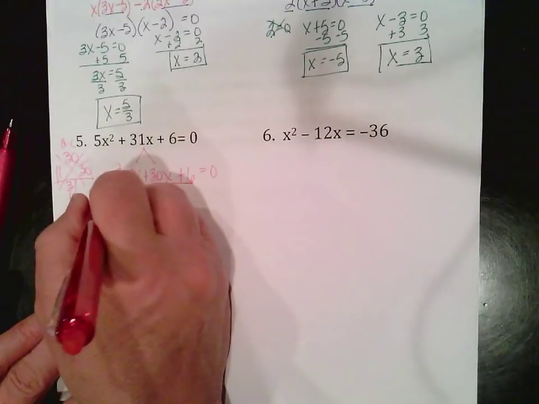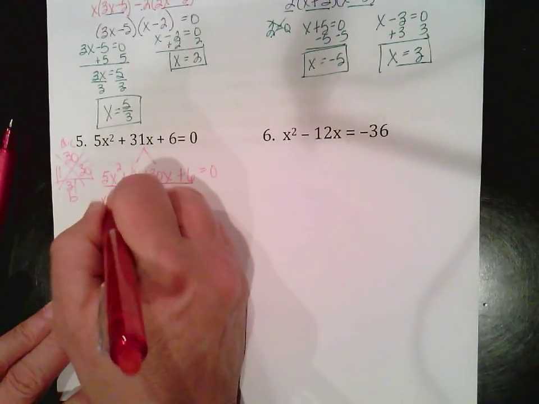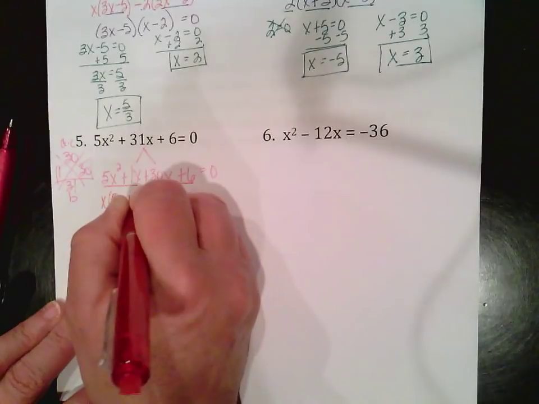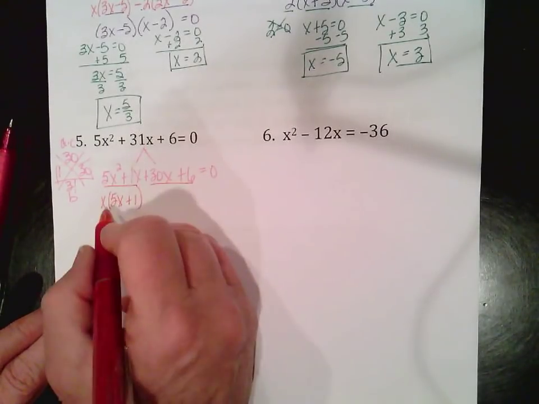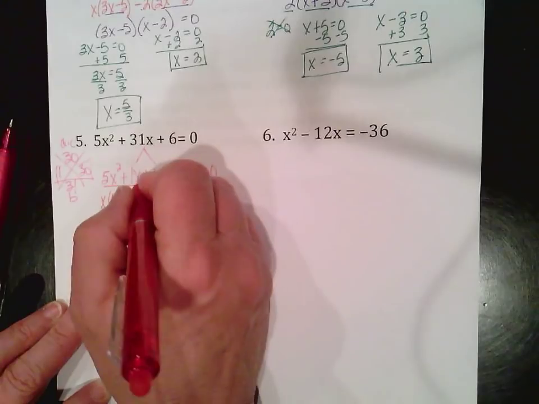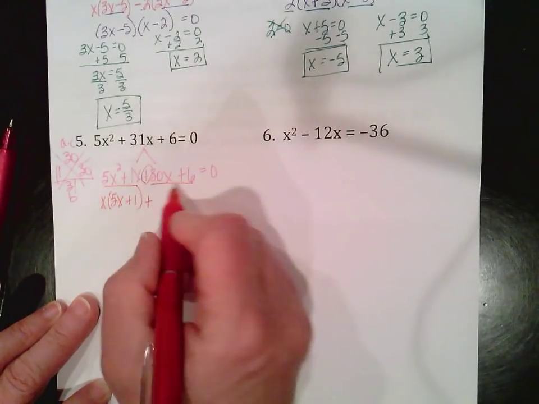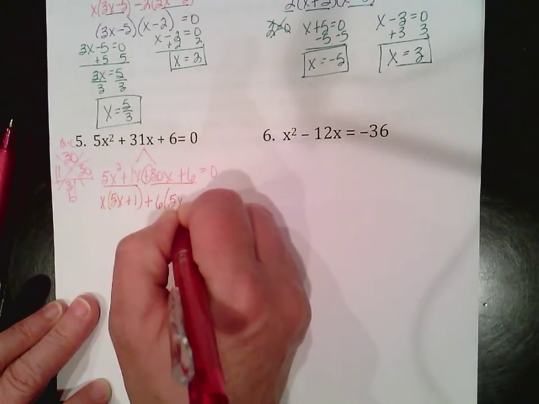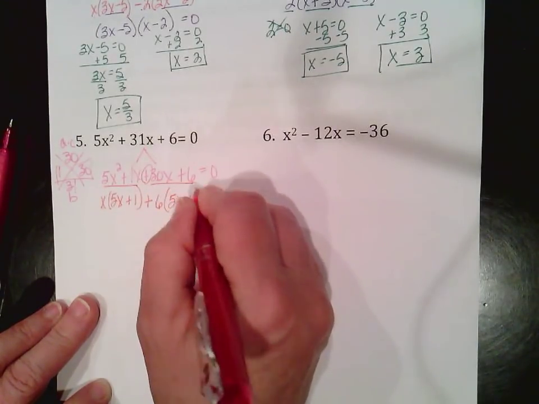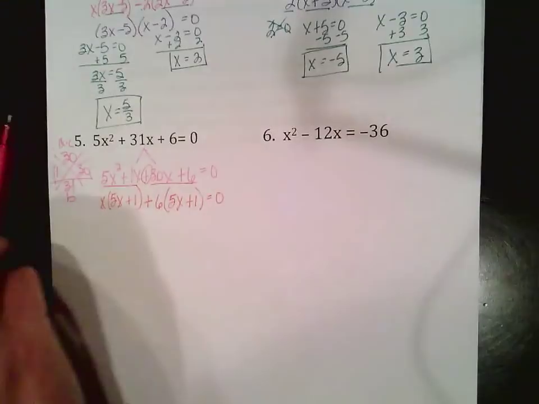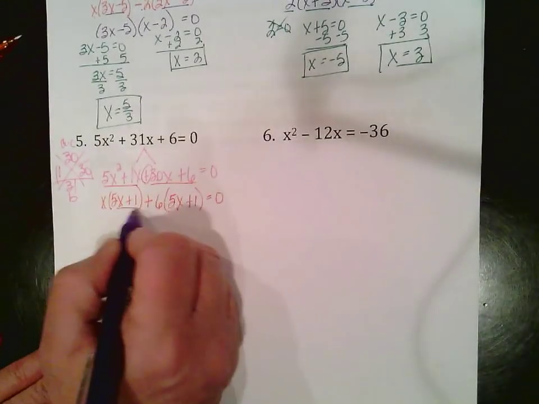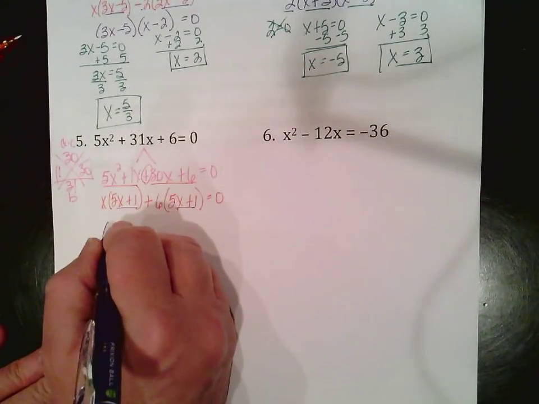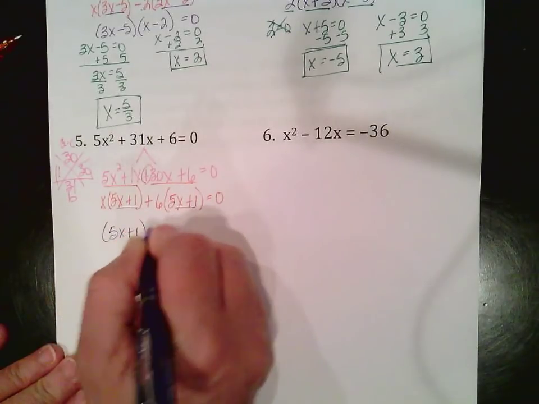I'm going to take an x out of this, and I'm left with 5x plus 1, because x times 5x gives me 5x squared. X times 1 gives me x. I'm factoring out a positive number on this side, and for 30 and 6, I can factor out a 6. 6 times 5x will give me 30x. 6 times 1 will give me 6. I'm going to factor the 5x plus 1 out, and I'm left with x plus 6.